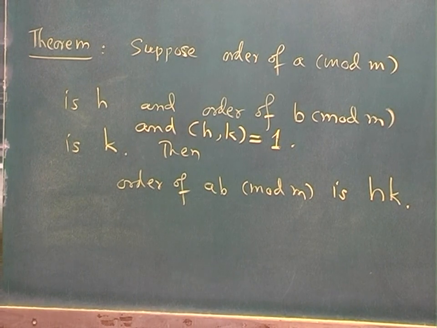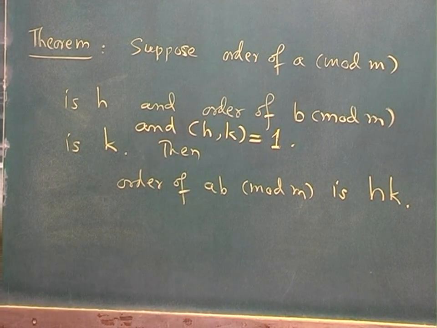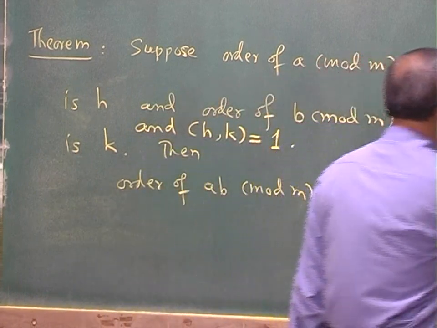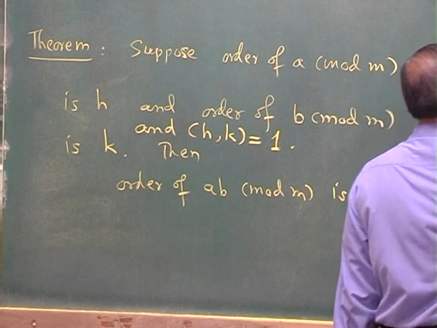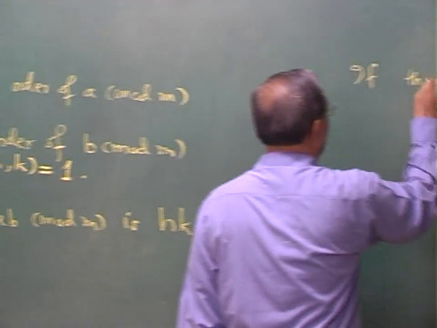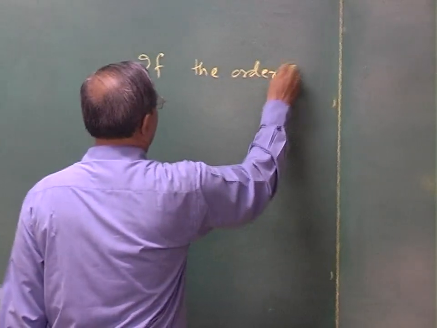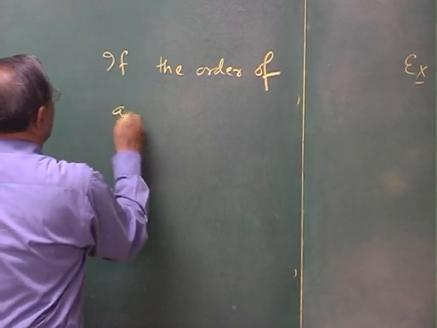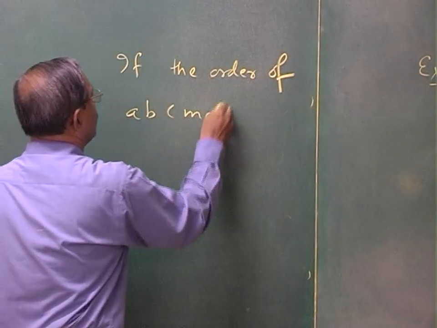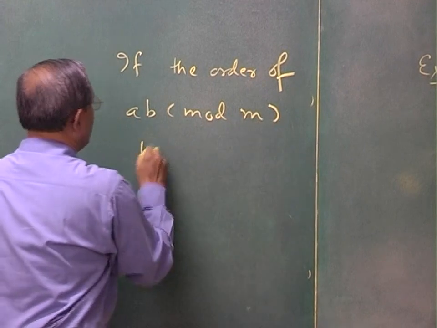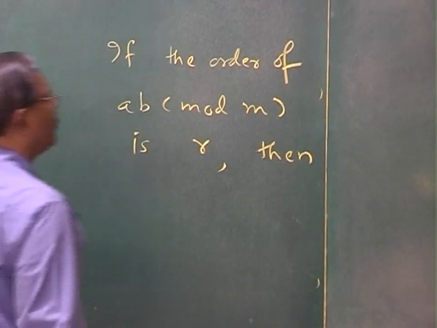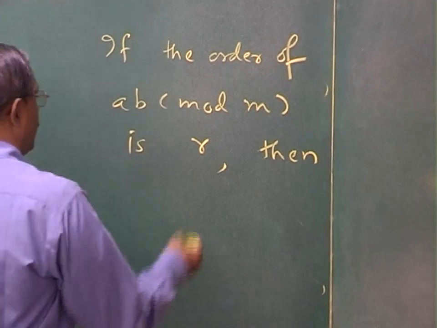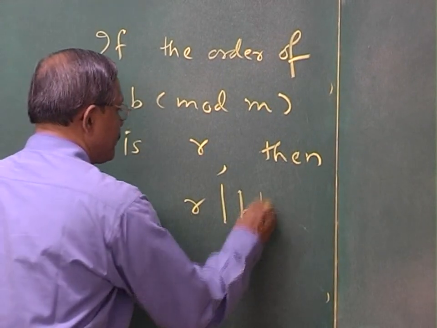So if the order of AB mod M is R, what have we shown so far?